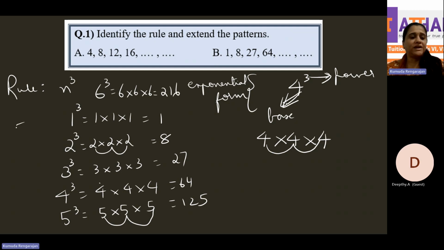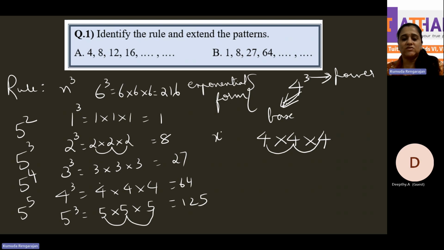See, 5 raised to the power 2 is read as 5 squared. 5 raised to the power 3 is read as 5 cubed. That is 5 raised to the power 4, 5 raised to the power 5.